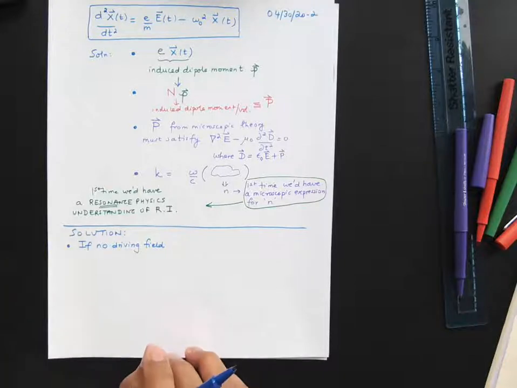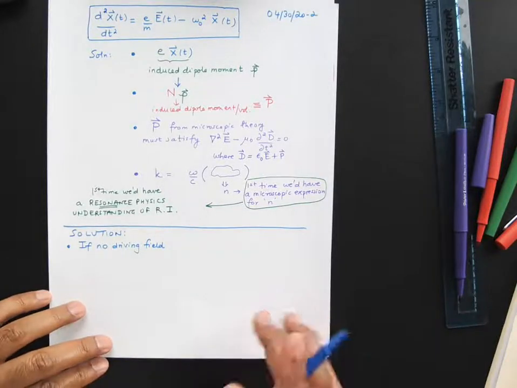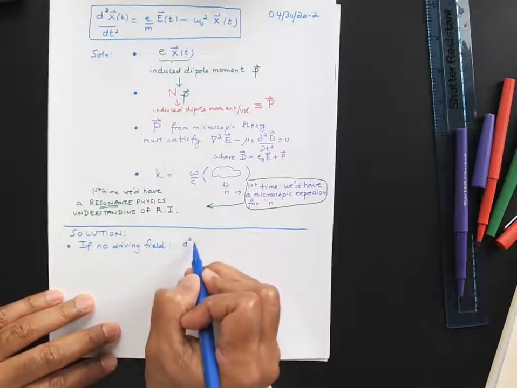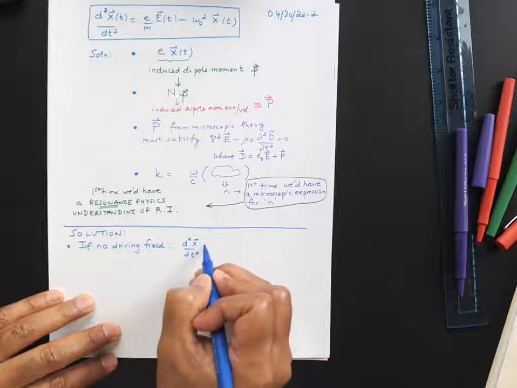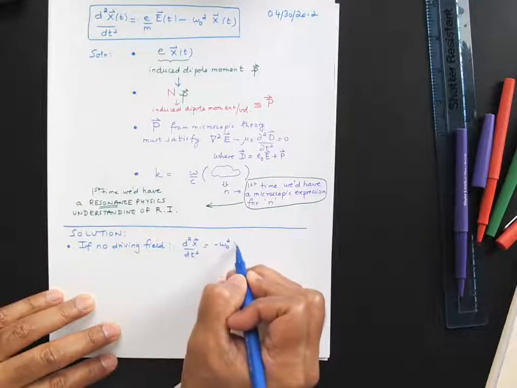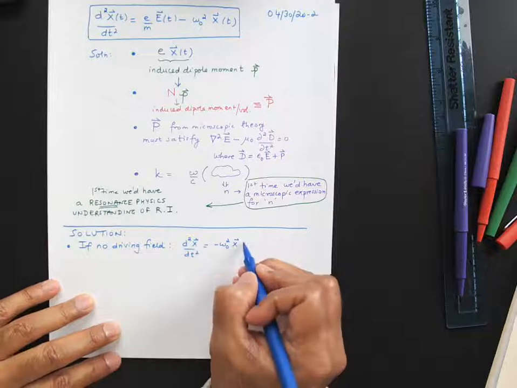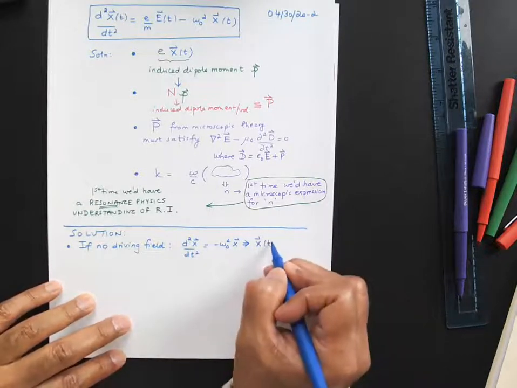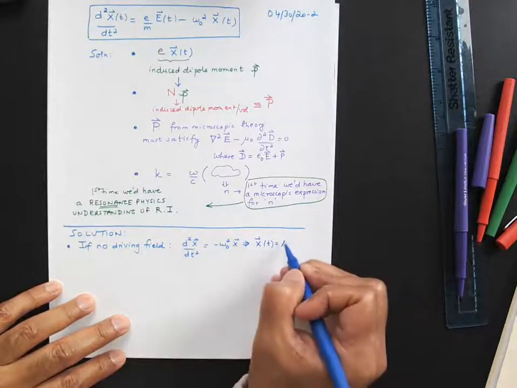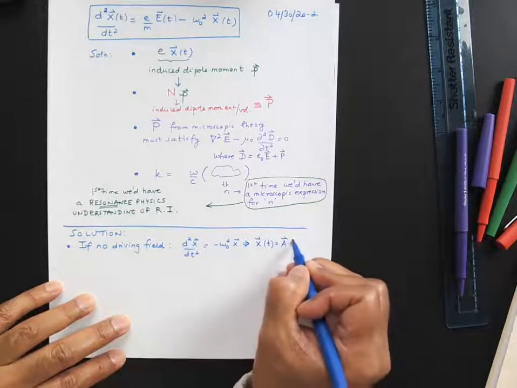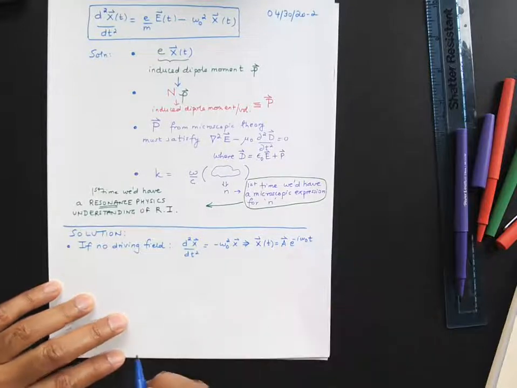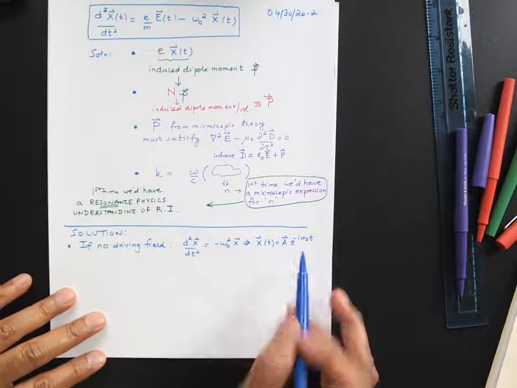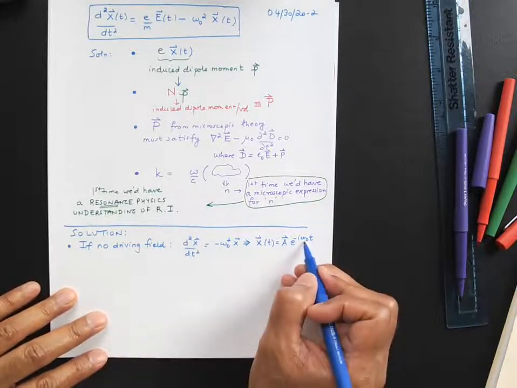You would have just said, oh, well, then I have this trivial equation to solve, and the solution is simply some constant times e to the minus i omega naught t, plus or minus, whatever, but you get the idea. So this would have been the solution, something oscillating at omega naught.